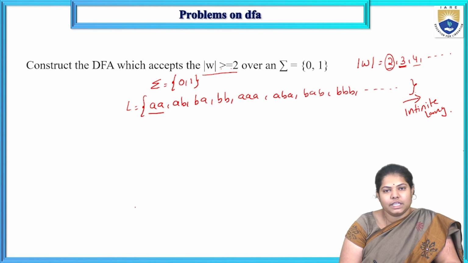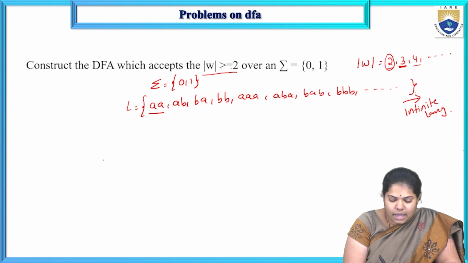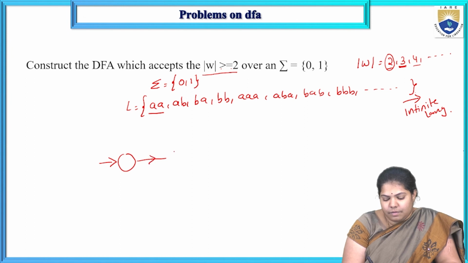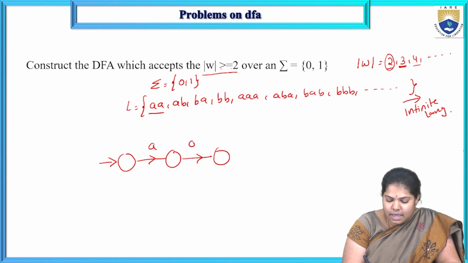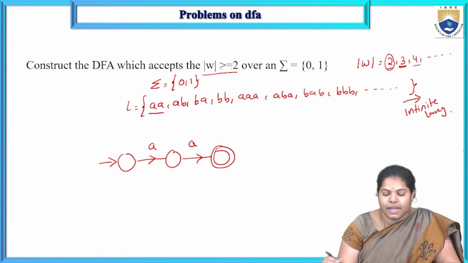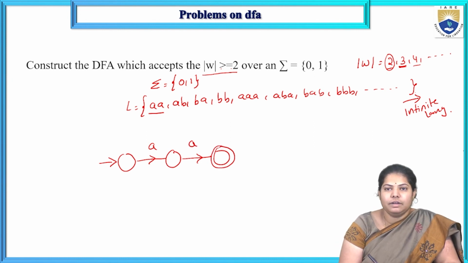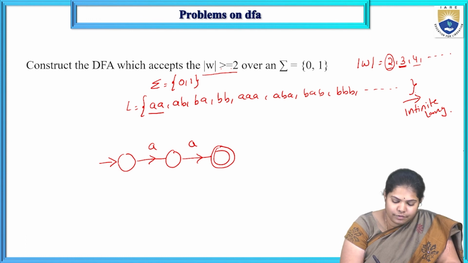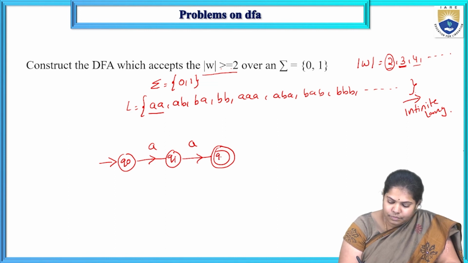So if I take the smallest string AA, I just read the basic structure of the deterministic finite automata. A, A, and it reaches the final state. After the final state, I should fill all the rules of this particular DFA.